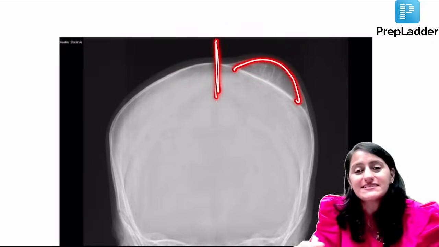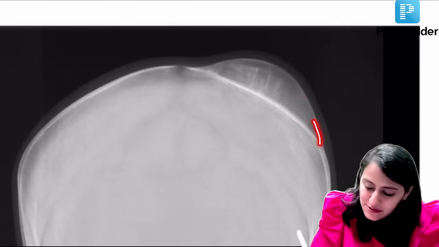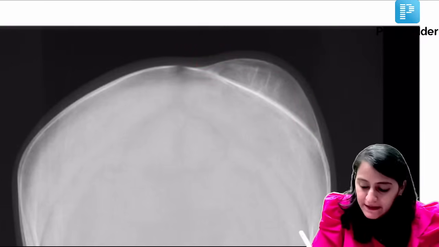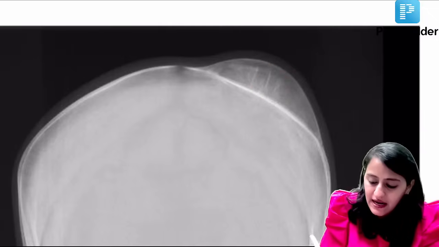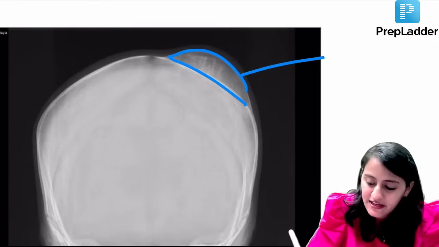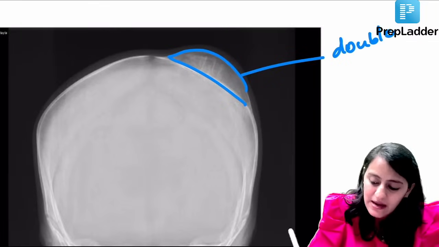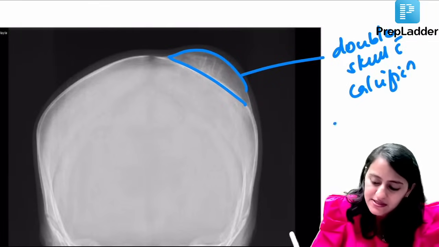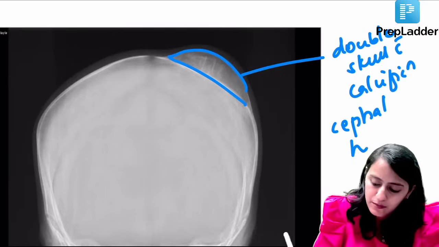It is on one side itself. It has this white periphery telling you the periosteum is elevated, and calcification is also coming inside. So this double skull-like appearance with the calcification inside tells you this is cephalhematoma, right?